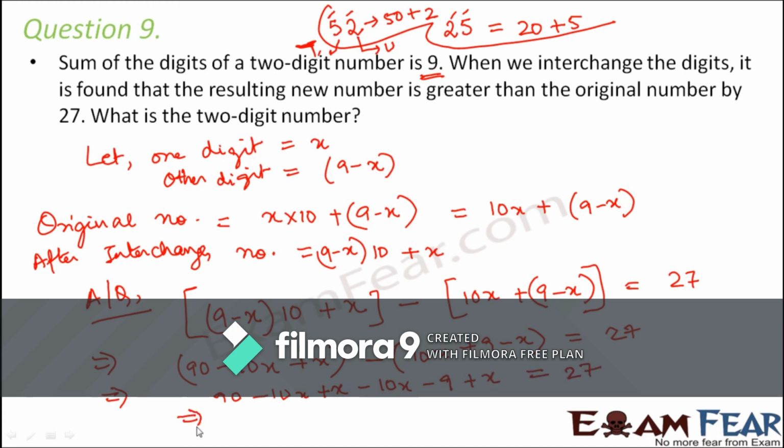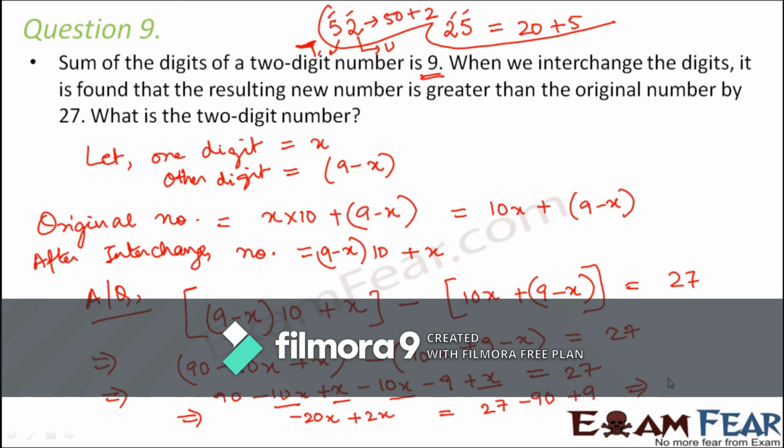Let's keep all the variables on this side, that is minus 10x plus x minus 10x plus x. So this would be minus 20x plus 2x, and this would be equal to 27 minus 90 plus 9.